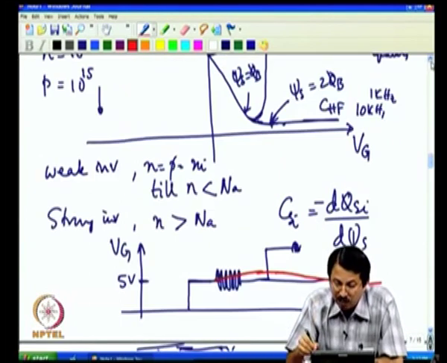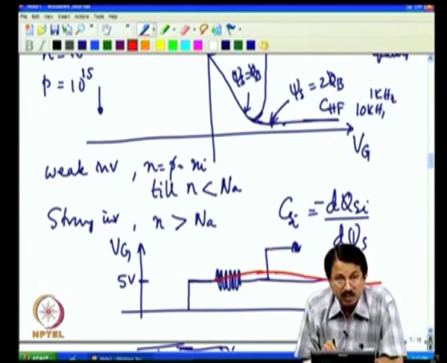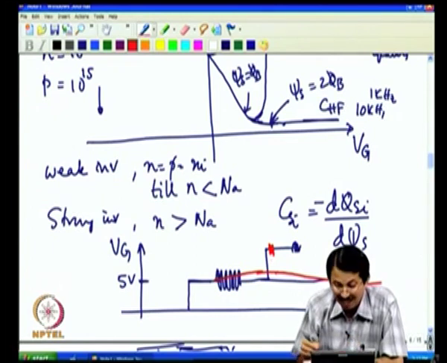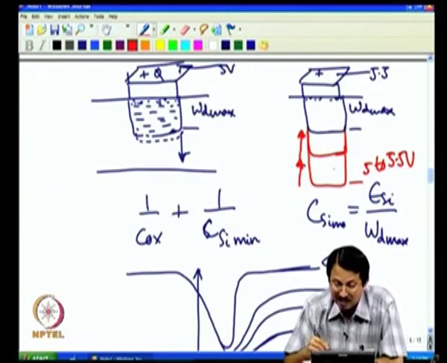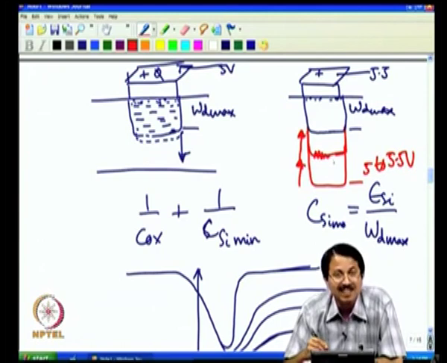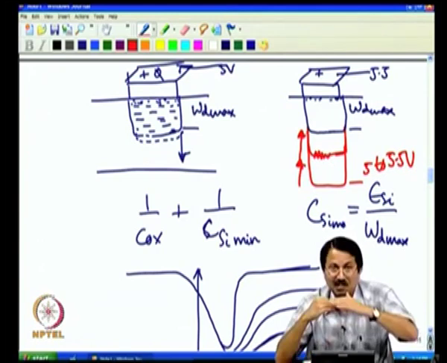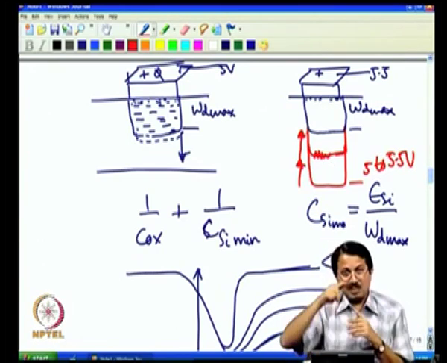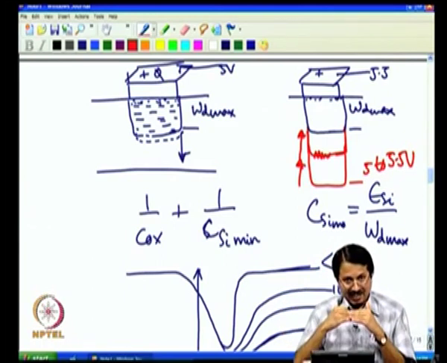But now you have gone to 5.5, you did not wait for enough time, you instantaneously wanted to measure capacitance. Okay. So, when you are trying to measure that capacitance, the depletion width was here. Okay. So, now this depletion width again will adjust itself to this high frequency. Okay.